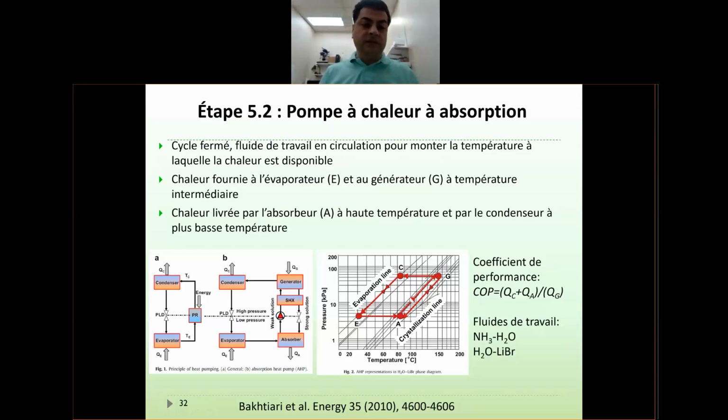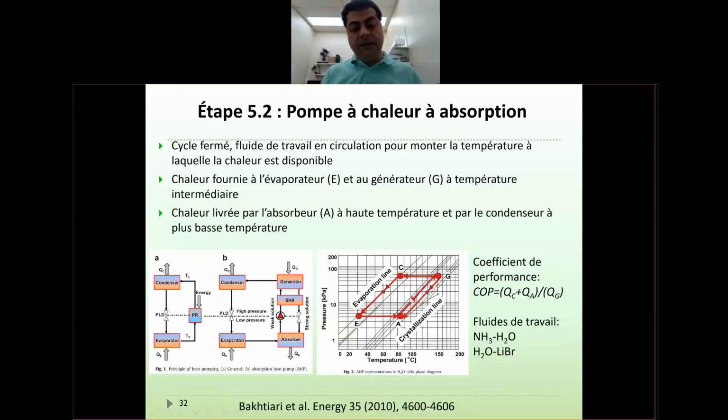After that, the cooled working fluid passes through a pressure lowering device like an expansion valve or throttle valve, whatever you can use depending on the design. The pressure drops and it goes back to the evaporator.